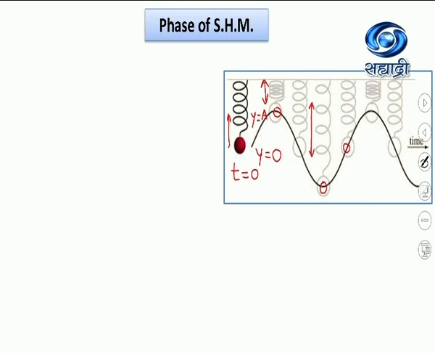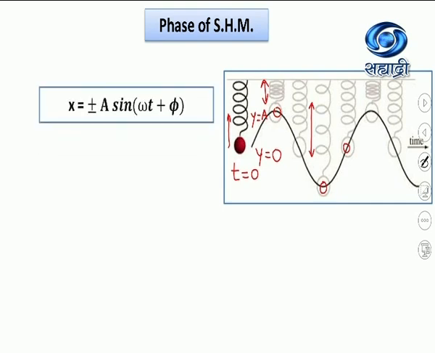So to understand at any given instant of time where the ball or the oscillator is, we have to understand the phase of SHM. The general expression for the displacement which we have learned in the earlier sessions is x is equal to plus or minus a sine of omega t plus phi, where a stands for the amplitude.